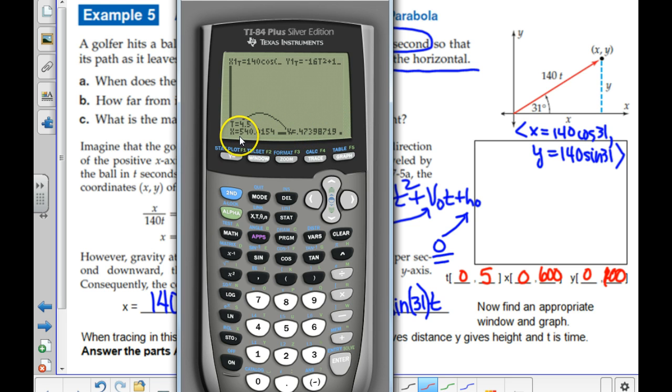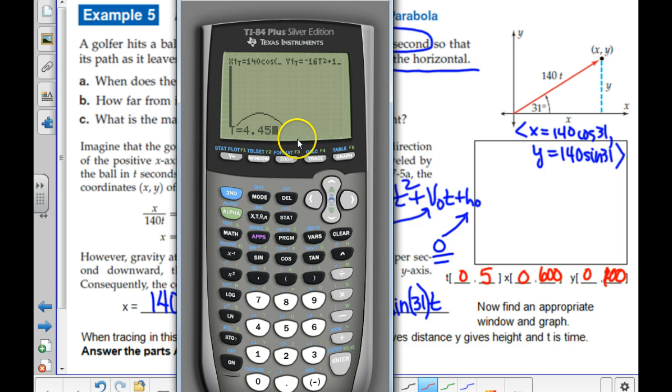How far away from me does it land? 530. I got 540-ish, and it will depend exactly, I have to give you some leeway on this, because you can't get it. If you wanted to be a nerd like me, you could go trace and put in like 4.41, 4.42, and see how close to 0 you could get that.